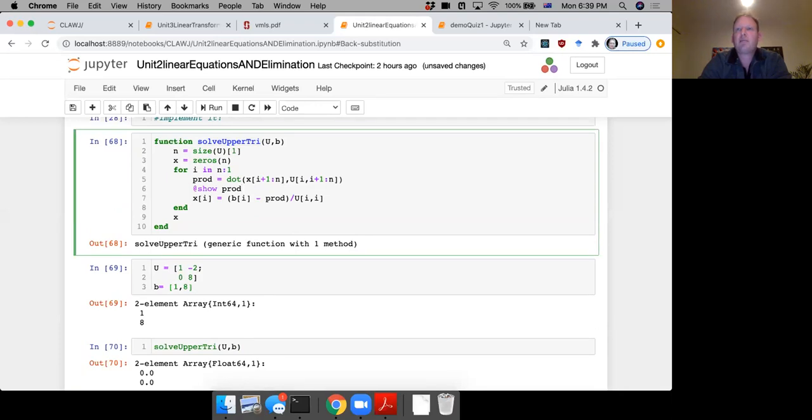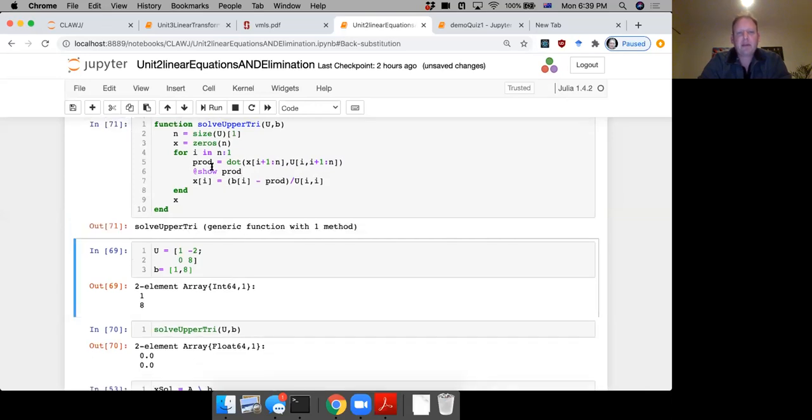Min of I plus 1 and n. So yeah, I think no. The vectors are column vectors. When you take a slice of a matrix, it's like a column vector.